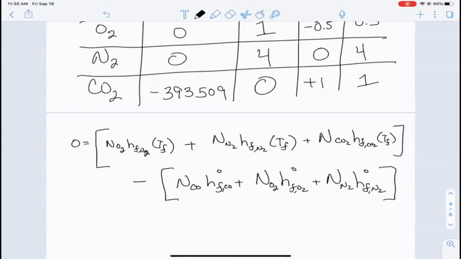And that's our energy balance. That's the sum of H out, n dot out, minus the sum of H in, n dot in, okay? Before I do anything else, I just want to make sure that everybody sees that that's true. Okay, with no objections, I'll keep going, but hopefully that's obvious.